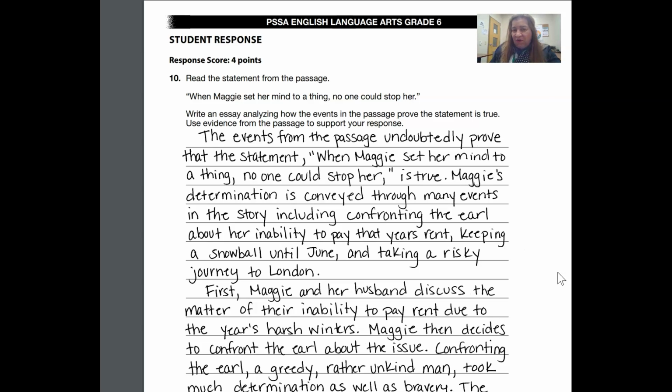These are called open-ended responses, which is just another word for writing essays, writing paragraphs. Here's one response that scored a 4 on the PSSA for 6th grade. And a lot of what we write is preparing us to do these responses for the PSSA. You will notice there are a lot of things in quotations.